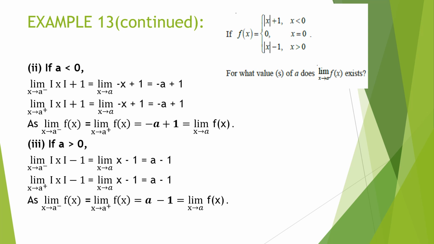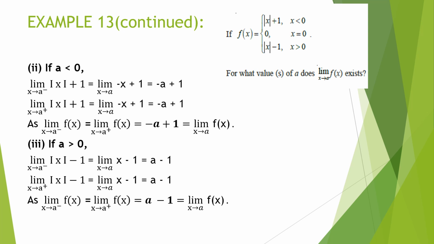Third case, when a is greater than 0. Again, when a is greater than 0, which definition of function will you use? |x| - 1. Correct? So if a is greater than 0, the left hand limit is the limit as x tends to a minus of |x| - 1, which is the limit as x tends to a of... When a is greater than 0, |x| is the same as x.